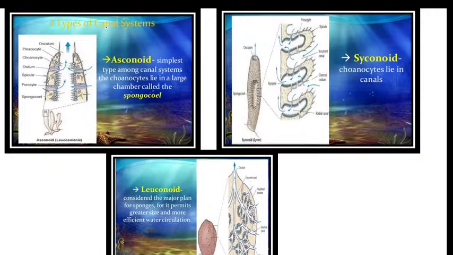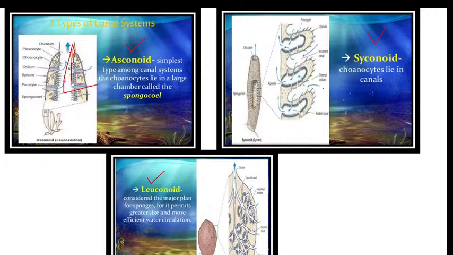Three types of canal system: asconoid, sycanoid and leuconoid. Just have a look. Asconoid means large spongocoel. Sycanoid means small spongocoel, the spongocoel is reduced. In asconoid, water enters through the porocytes, goes to the spongocoel, and goes out. It is very simple. But in sycanoid, what happens?